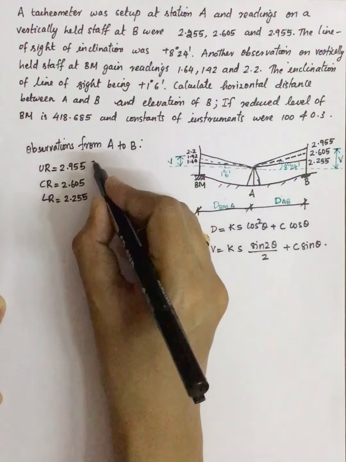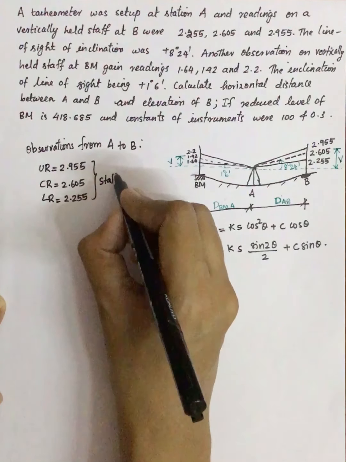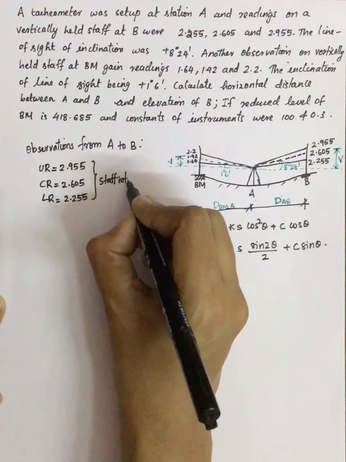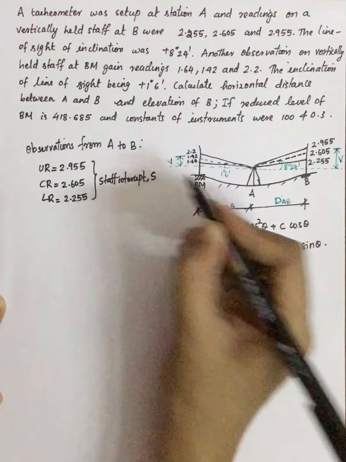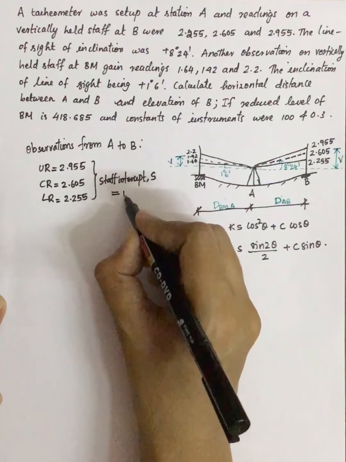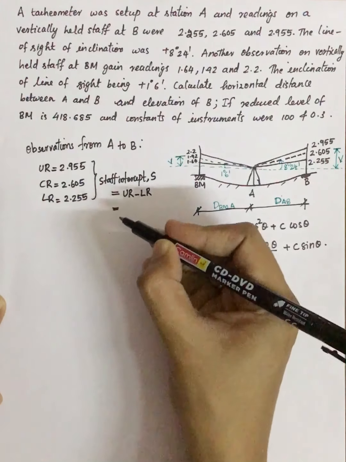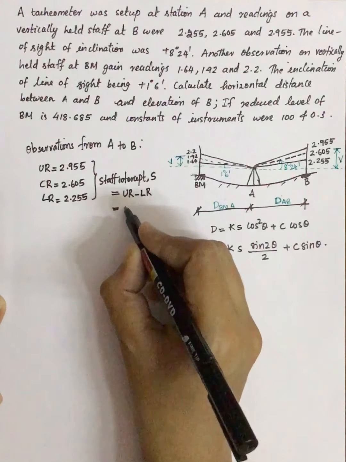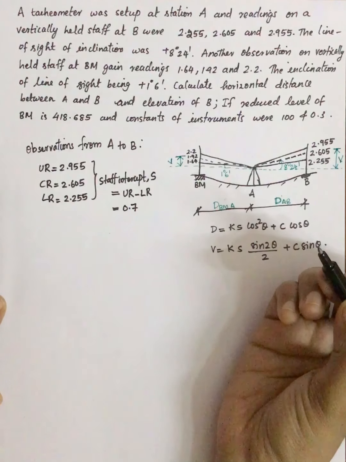From these values, you can calculate the staff intercept S, which is equal to the upper reading minus the lower reading, which you got as 0.7.